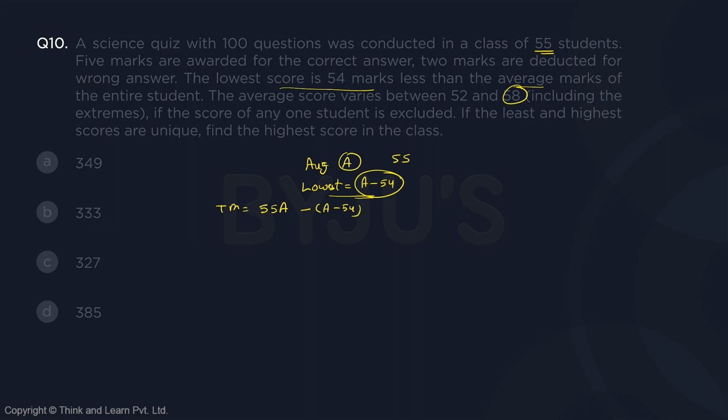So this upon 54, because there will be one less student now, should be equal to 58. What will we get? 55A minus A is 54A, plus 55 into 54 is equal to 58 into 54.